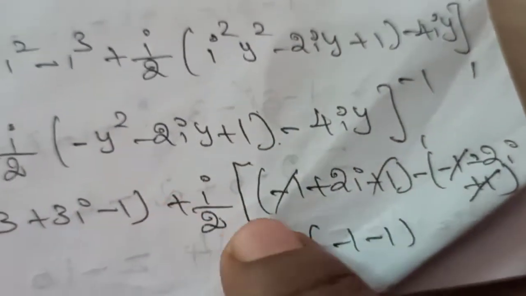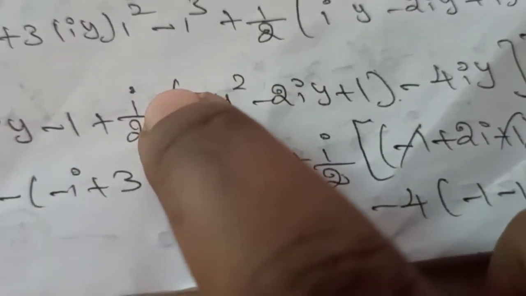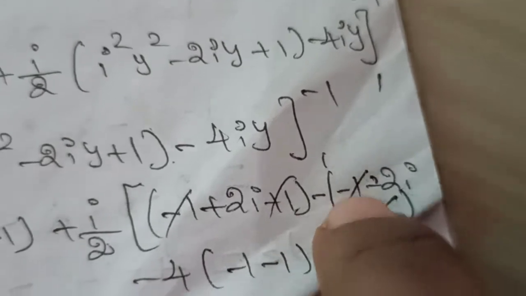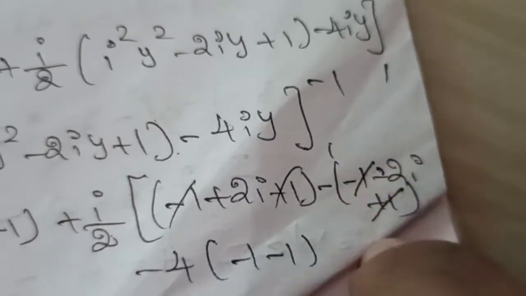Next go to the second term and apply the limits. The second term has i by 2 outside. Substituting the upper value, y equal to minus 1: the whole square, that is minus 1 minus 2i into minus 1, which is plus 2i plus 1. Next minus of the lower value, y equal to 1: minus 1 minus 2i plus 1.